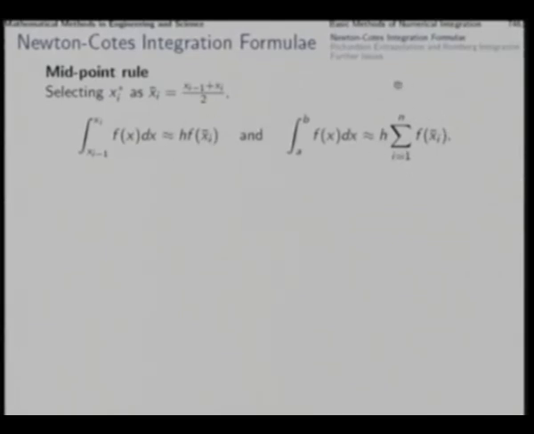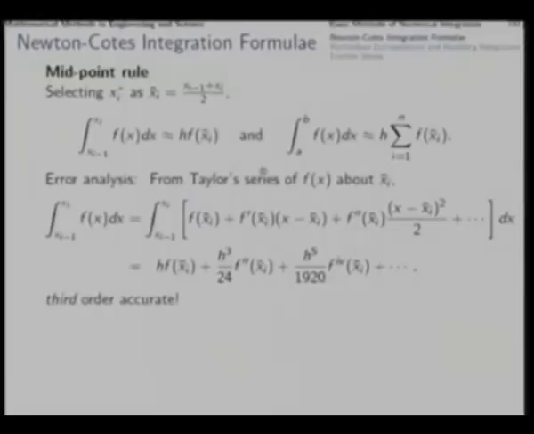So that sum over the entire domain is given by the summation of this for i equal to 1 to n, right. Now after we have found this midpoint rule or single point formula for the numerical integration, we need to figure out how good it is. The way we conduct this error estimate is through the Taylor series. So, suppose we frame the Taylor series of f(x) about this midpoint.